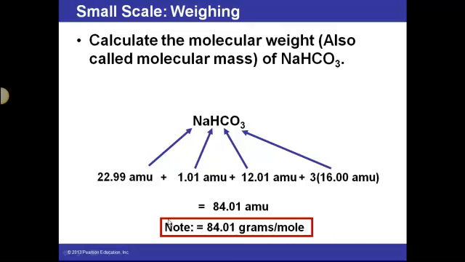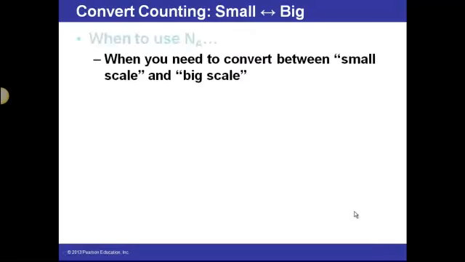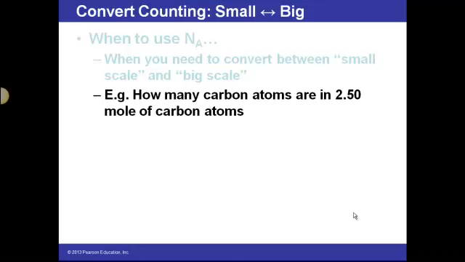So this becomes a very powerful tool that allows us to relate gram weight of different compounds to the chemical formulas that we've been writing to produce these different compounds. So you use Avogadro's number when you need to convert between the small scale and the big scale.